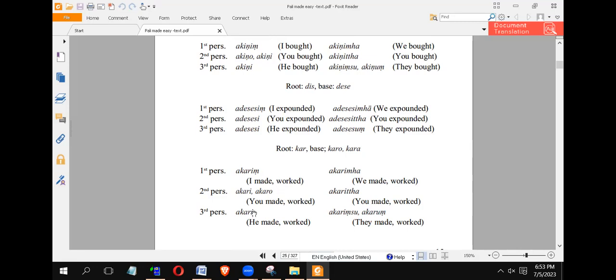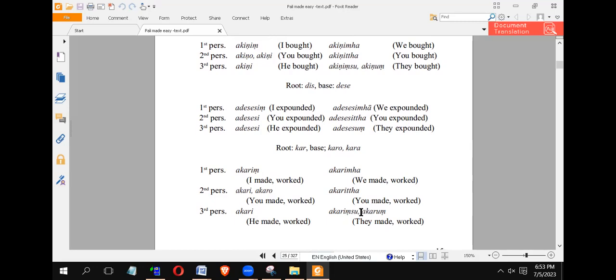Anyway, when you notice the I, you know it's past tense, especially with the A in front. Everything with the A in front is definitely past tense. Compared to this one, akarimsu, and akarum. This akarum I think doesn't exist. Akarimsu, karimsu: this form I saw before in the Tipitaka.